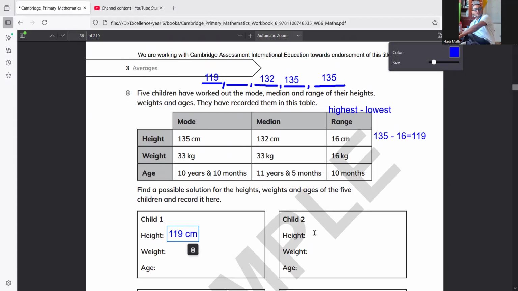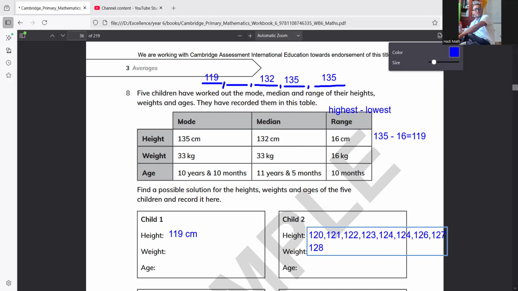The second child, as you like. I said any number that you want between them. You could say 120 or 121 or 122 or 123 or 124 or 125 or 126 or 127 or 128 or 129 or 130 or 131, as you like, any one of them, in centimeters.